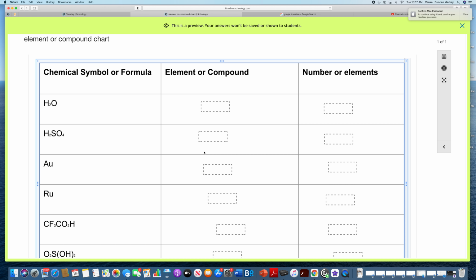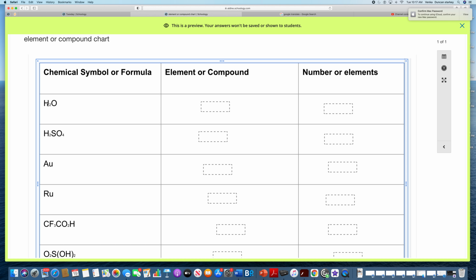As we know, elements are made up of only one element or one type of atom, so it only has one capital letter. Compounds are made up or composed of two or more elements. So when you see a compound, it's going to have two or more capital letters. Let's go through this chart and complete a few answers.